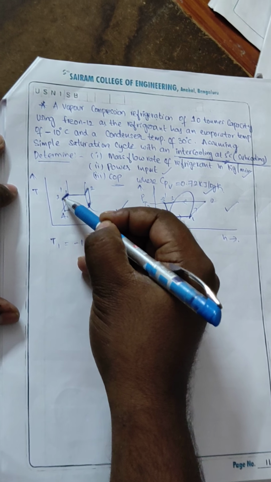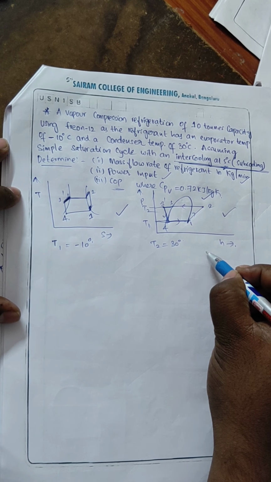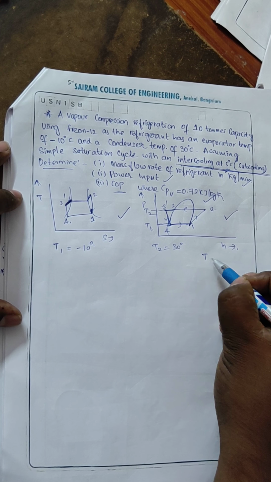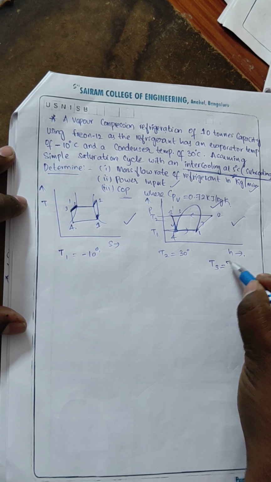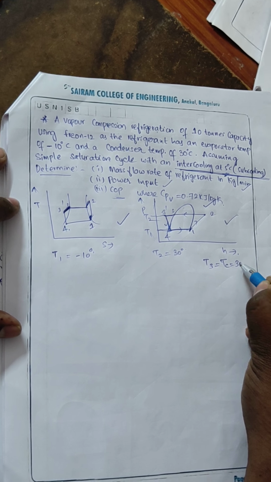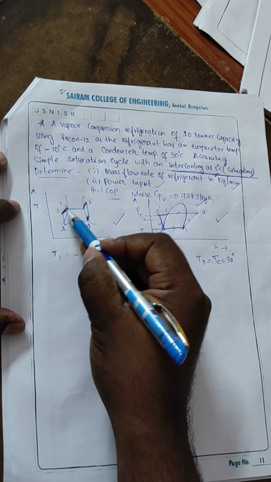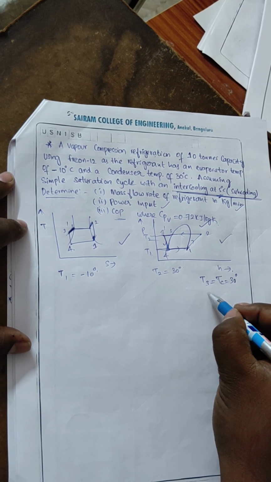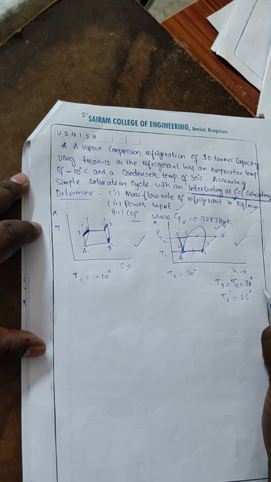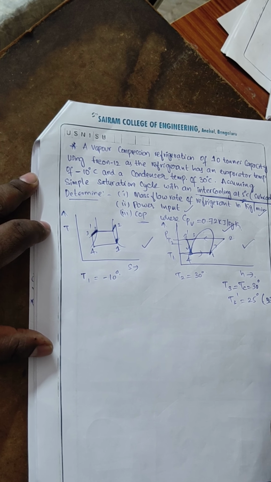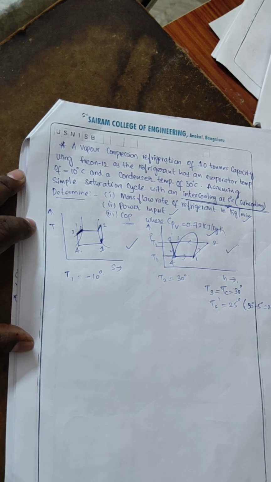So there is one more temperature, T3, which is the condenser temperature, Tc equal to 30 degrees. So T3 dash is equal to 25 degrees Celsius, because 30 minus 5 is 25 degrees Celsius.